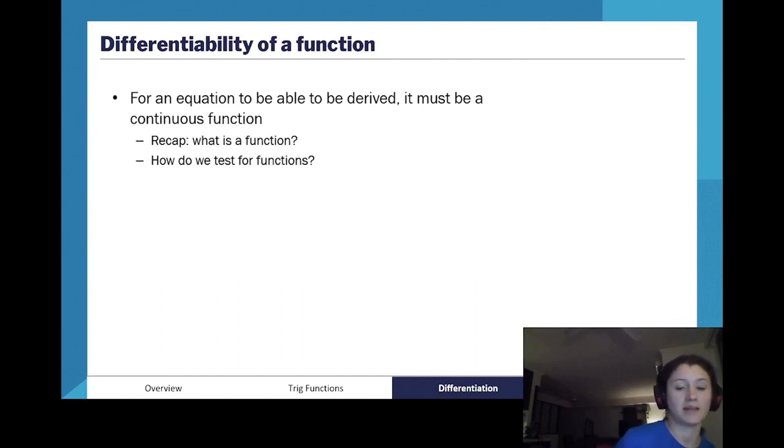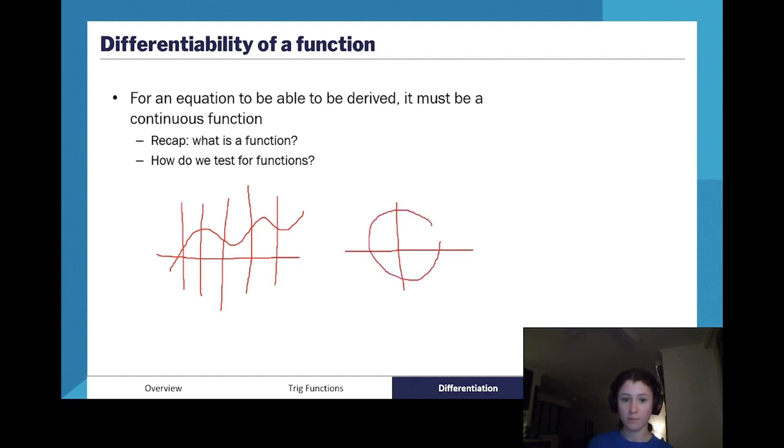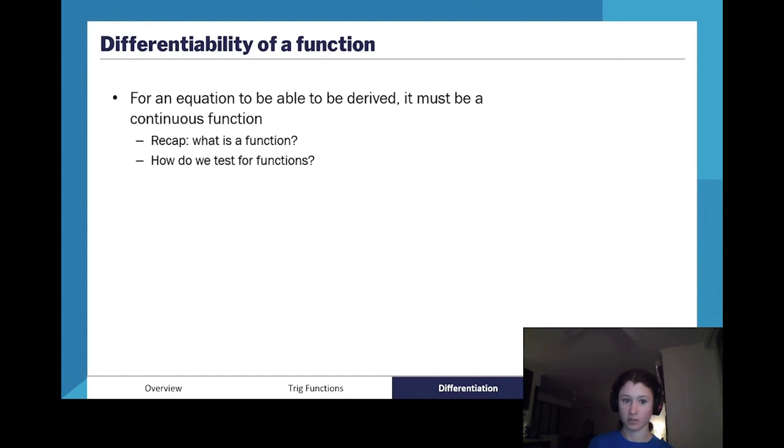That means if we draw a vertical line on the graph, it will only ever hit our equation once. So if we have a function like this, it would pass the vertical line test because every time we draw a line down, it only hits the function once. However, something like a circle, if we draw a vertical line down, would hit twice, which means it does not pass the vertical line test and so is not a function.